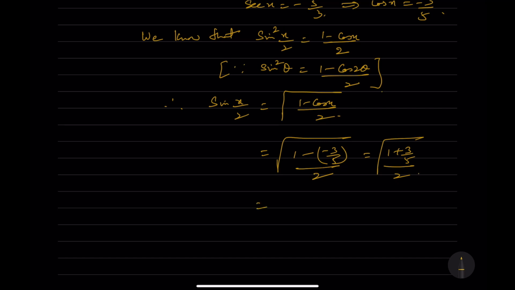Which is equal to 8 by 5, that is root of plus or minus, we will be taking this as plus or minus here. So this is equal to 8 by 5 by 2. So you can write this in this way. So this will be equal to plus or minus root of 4 by 5, which is equal to plus or minus 2 by root 5.